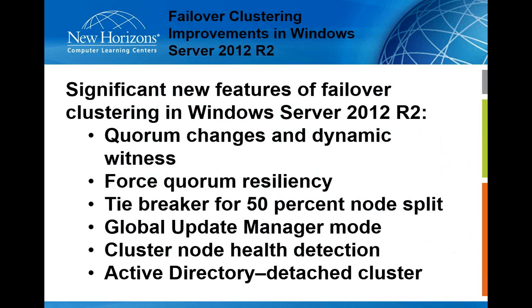In 2012 R2, well, let me go back. In 2012, we couldn't change that. That was the mode it ran in. In 2012 R2, it also now has a separate mode called All Write and Local Read. Working in this mode, all nodes in the cluster must receive and process the update before it's committed to the database. Not a majority. All of them have to. But when the database is sent a read request, the cluster will read the data from the database copy that is stored locally.